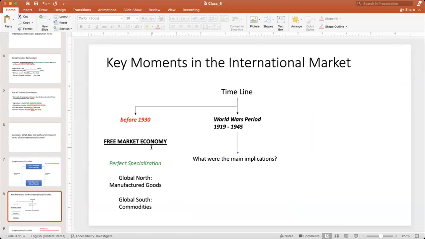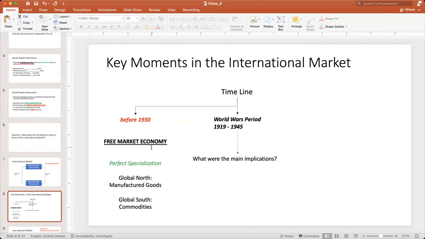However, we're going to cover some key moments in the international market. Before 1930, or in fact, before the World Wars period, the international market was a free market economy with perfect specialization, in which the global north produced and specialized in manufactured goods. They exported manufactures and imported commodities, and the global south was perfectly specialized.